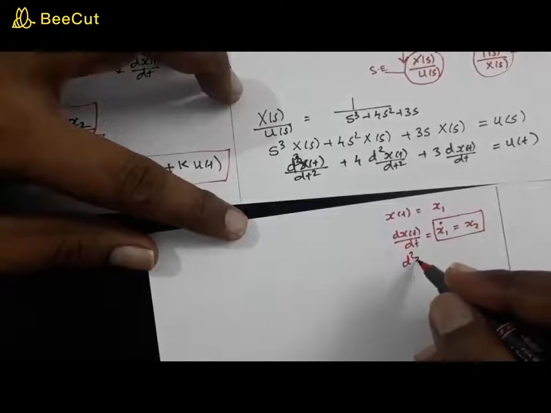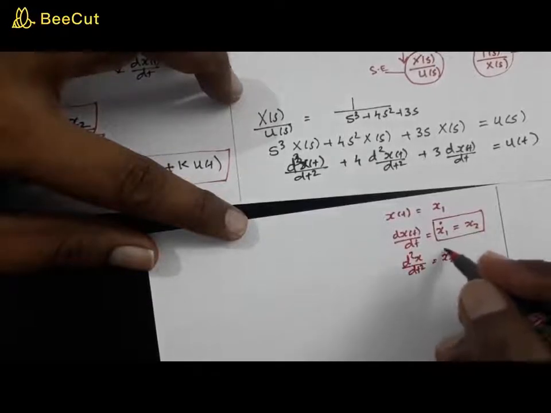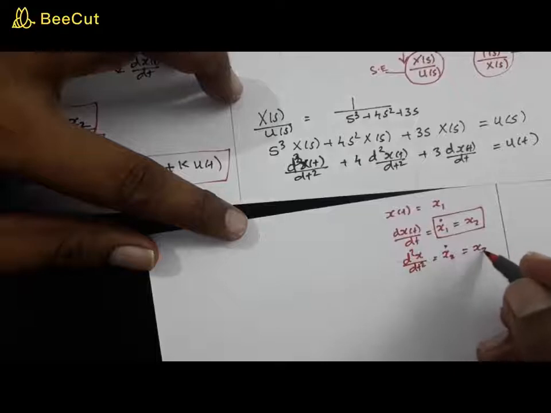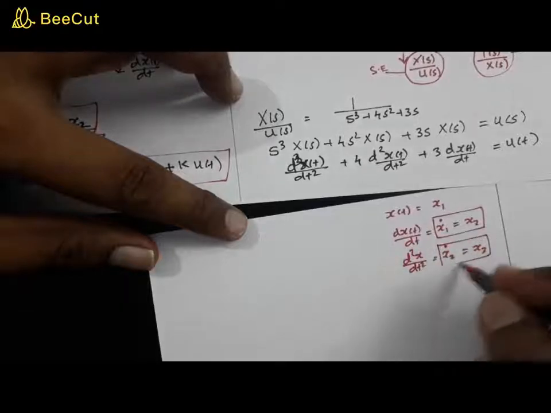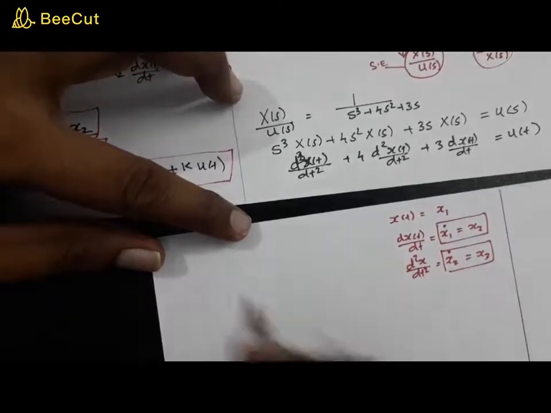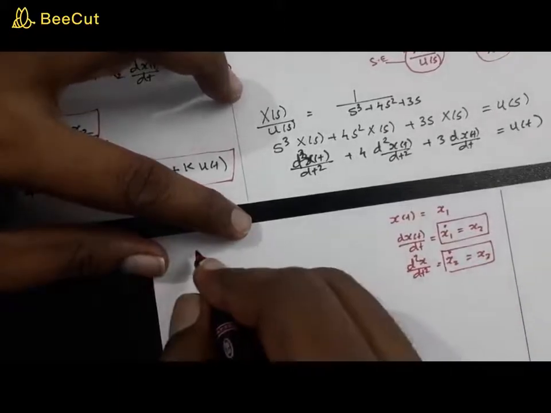Then d square x by dt square is x2 dot, which is x3, that is your second state equation, and you will get x3 dot from the equation.